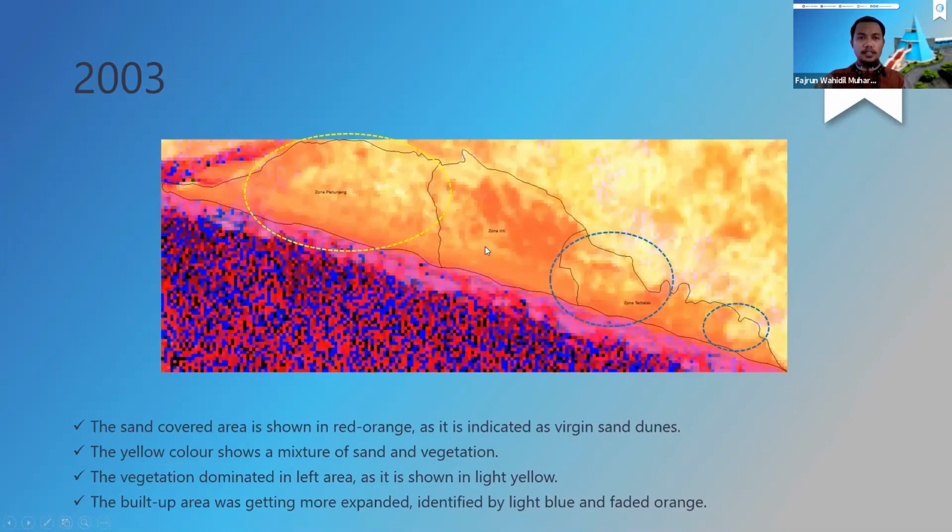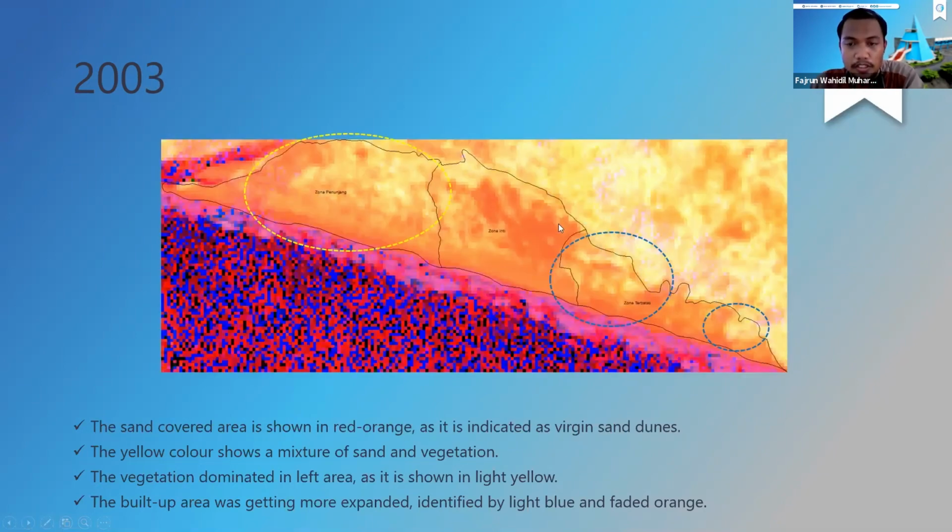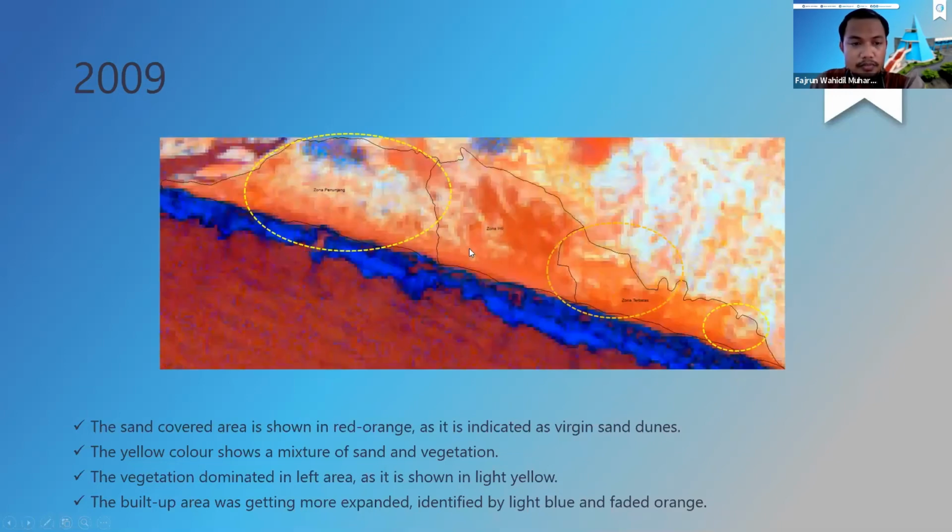Here in our data from 2003, we can conclude the sand covered area itself is getting smaller and smaller, as indicated by the red-orange color. So the sand covered area is getting smaller year by year in our data.